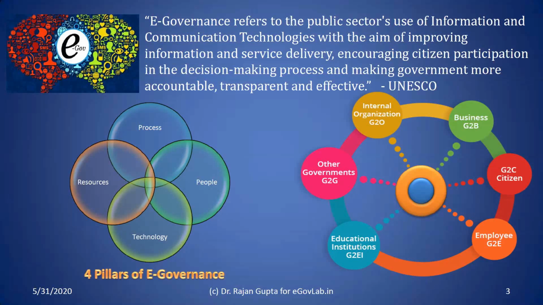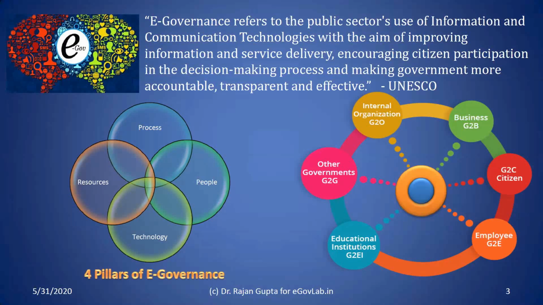Then we have a technology platform which plays an important role in delivering the e-governance services amongst various entities, and that's where the platform, the tools, and the techniques play an important role. And finally, the resources: the information that is there, the data sets that are there, the flow of network that is there. All of these things form the pillars of e-governance, and without these four pillars, e-governance would not be able to survive.